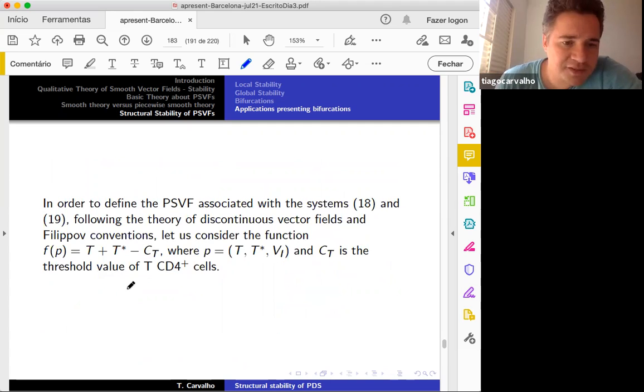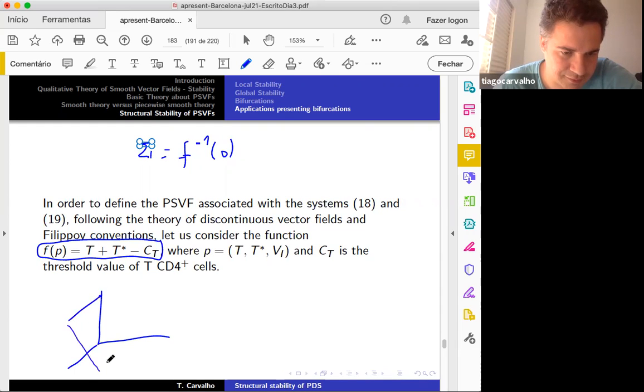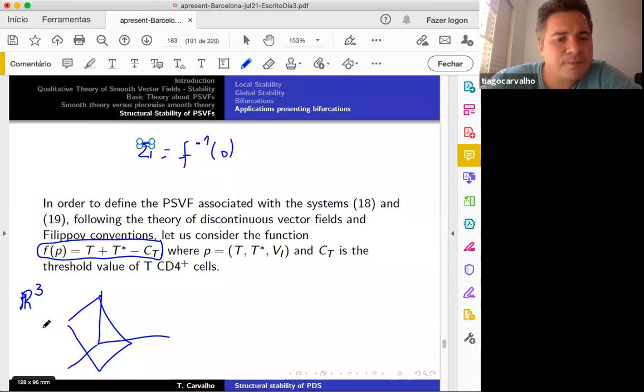The switch manifold sigma is given by the image of the zero by a smooth function f given by this. Okay, so it corresponds to a plane in R3. Okay.